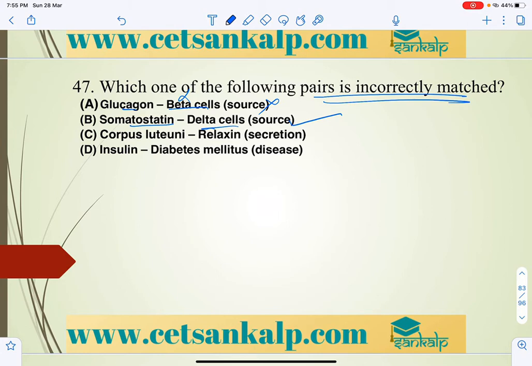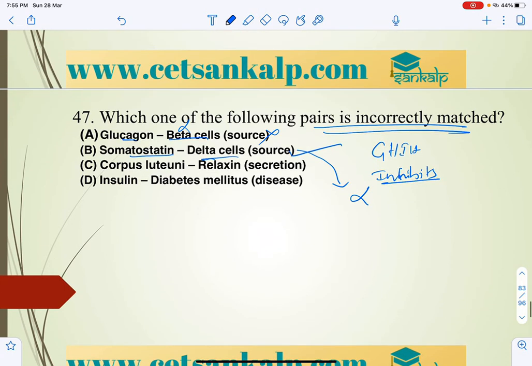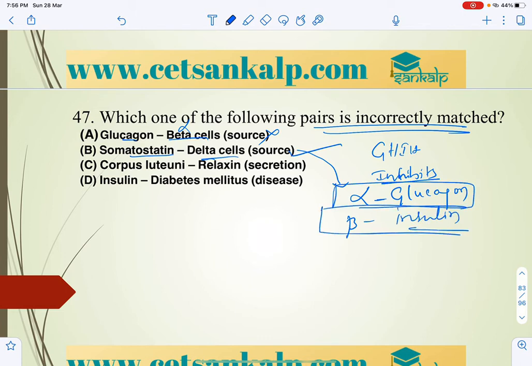Somatostatin is generally the growth hormone inhibiting hormone, produced by the pancreas, which inhibits both glucagon production from the alpha cells and insulin production from the beta cells. So that is correct.